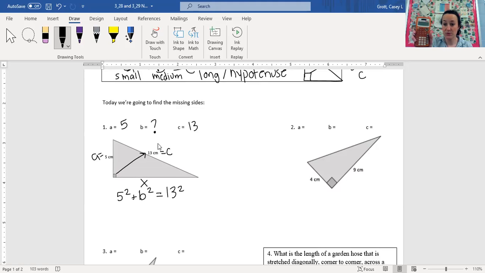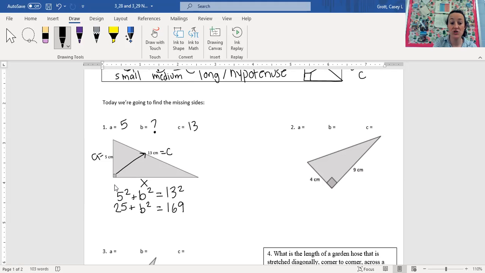So I'm going to use one of these calculators. You can use Desmos if you want to use Desmos. But taking a look at it, 5 times 5 gets me to 25 plus b squared is equal to 13 squared, which is 169.